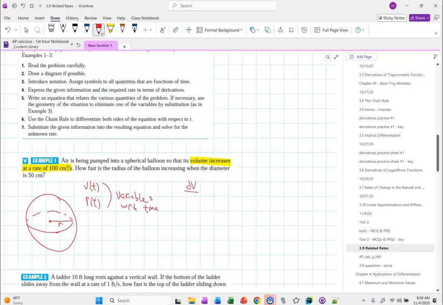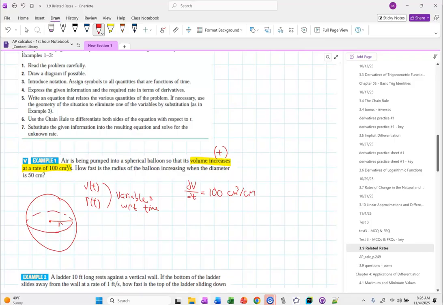So this derivative would be dV, because volume is changing. And what else is changing with it? Time. So this would be dV/dt. And then it says increases, so I know my value is positive. 100 cubic centimeters. Everybody okay with how I've written that 100?